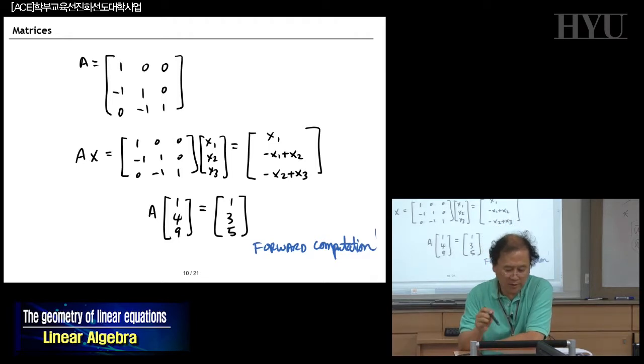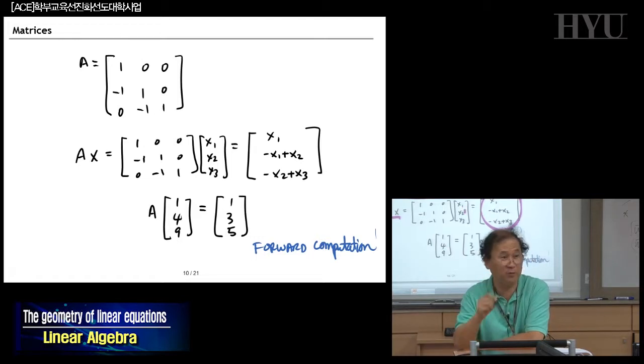Let's come up with this matrix. This is matrix A. Okay, then AX is B. Then when you compute this, right? So when you plug in whatever value of X, if you know the value of X, you can easily compute the value of B, right?